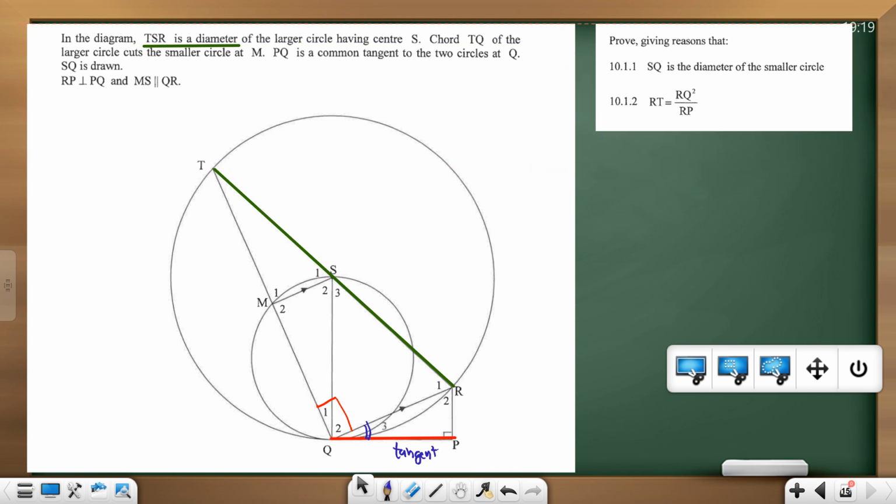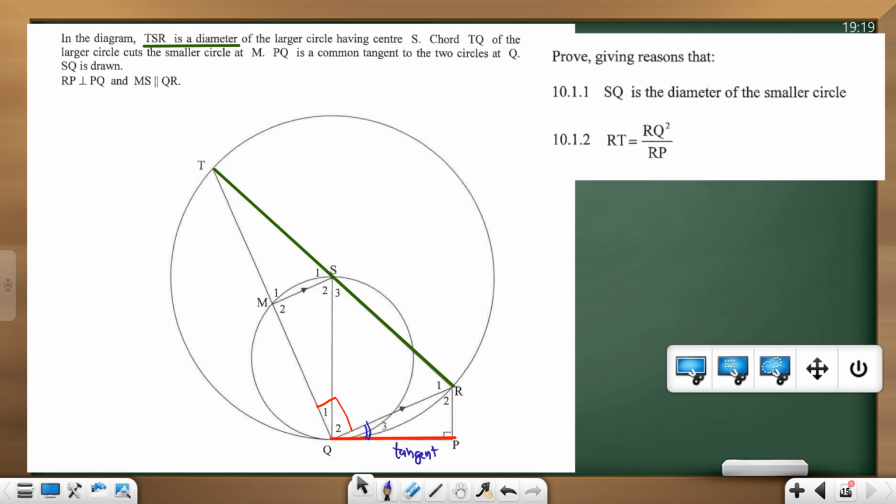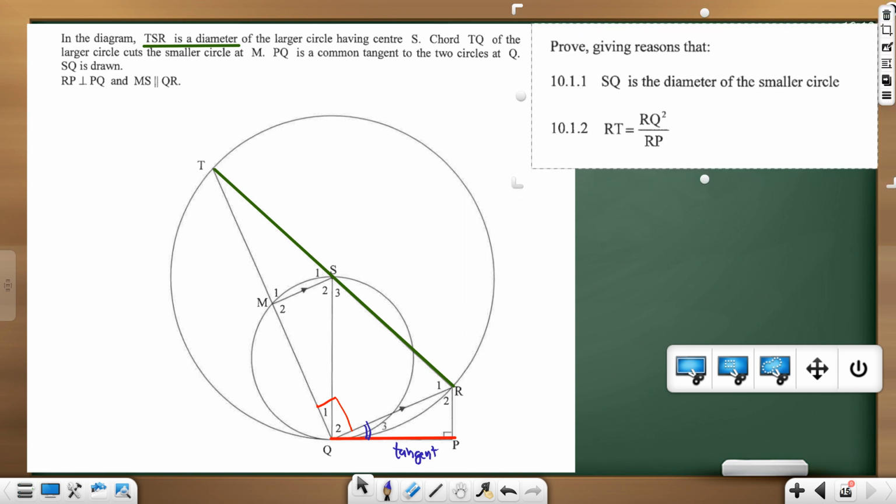First one is 3. And the second one is 6. Why is SQ the diameter of the smaller circle?